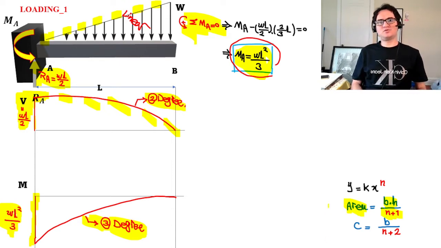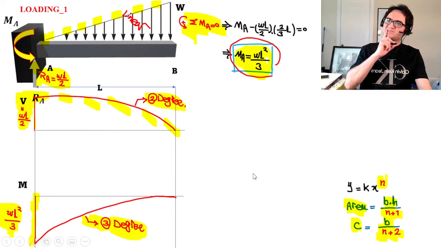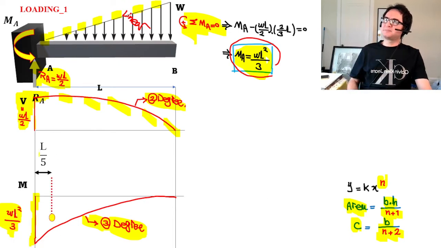The centroid for that is just the base b over n plus 2. So the area goes by 1 degree higher, and the centroid goes by the same. So if this is a third degree, definitely the centroid is 1/5 of L. Let's verify that. Yep, that's also the location for the centroid.